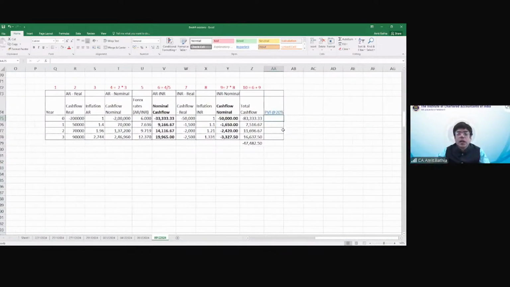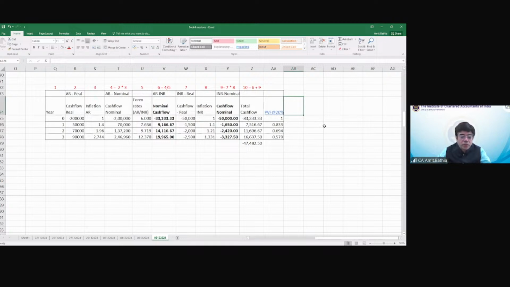So I have PV factors here. At the beginning of the year it will be 1, and thereafter it is 0.833, then 0.694 and 0.579.